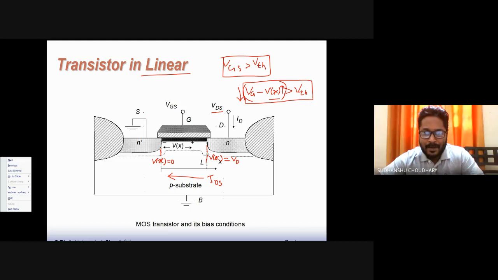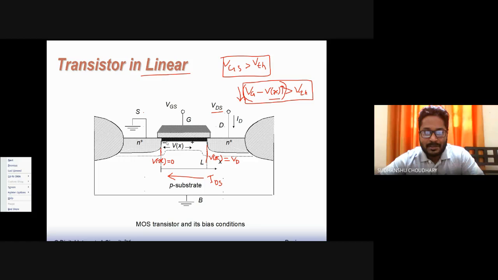In fact, at the point where Vx is equal to Vd, if let us say Vd is equal to Vg, or maybe let's say Vd is greater than Vg, this Vg minus Vx can even be negative, even smaller than Vt.